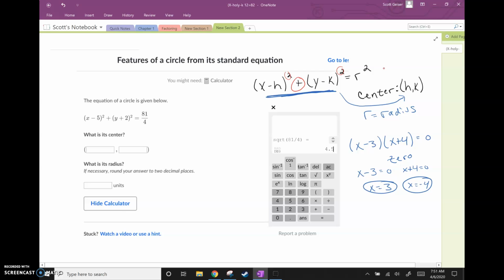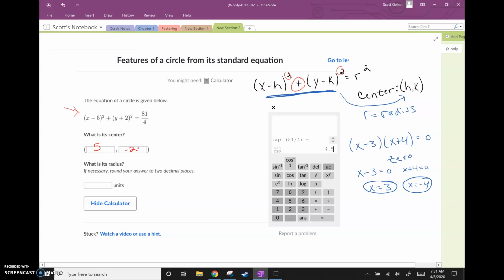So if I go back to this over here, if this is my equation, I can find the center by taking the opposite. If this is an x minus 5, that's going to give me a positive 5 for my x value. If it's a y plus 2, it's going to go to a negative 2 over here.